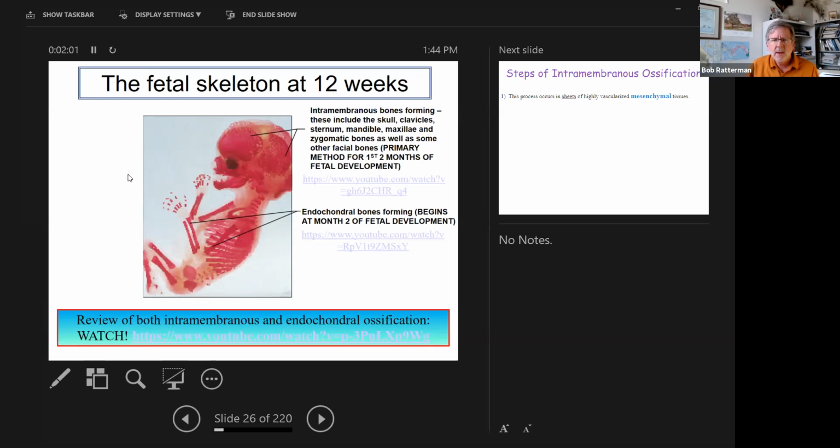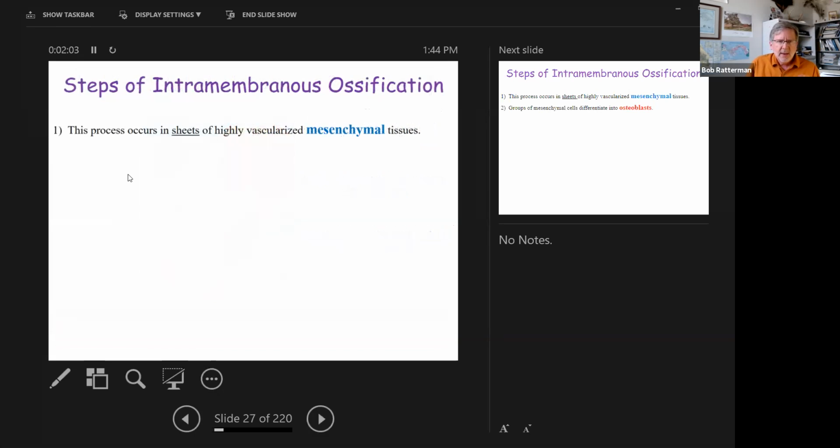Okay, so the next few slides talk about some steps that occur as intramembranous ossification takes place. The key to understanding what goes on here is the fact that you have in the fetus what is referred to as mesenchymal tissue.